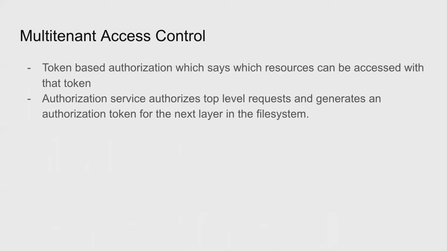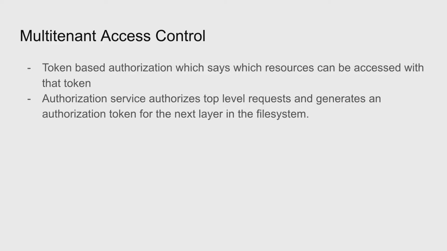Because we have many tenants, we also need to ensure that one tenant cannot access data of others. For this, Tectonic has a token-based authorization scheme, which says which resources can be accessed with a particular token.